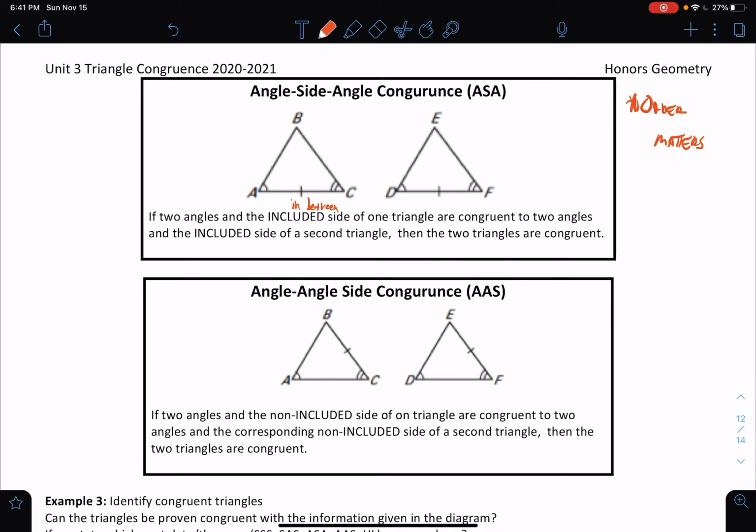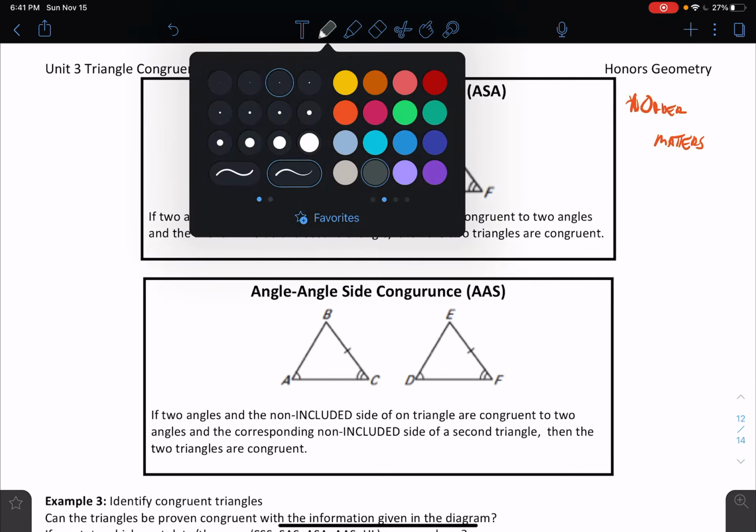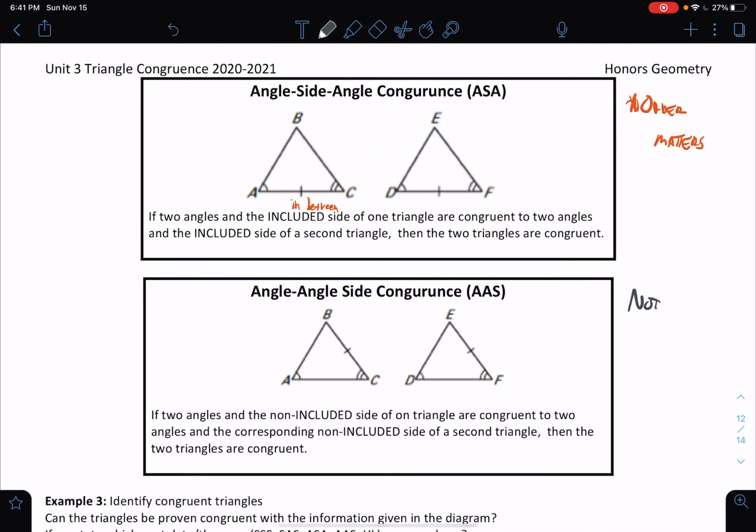Okay? Now, what is not a triangle congruency theorem? I'm going to do it backwards. Side angle. We call this the donkey theorem, and I'm sure you can tell why. All right, so no donkeys.